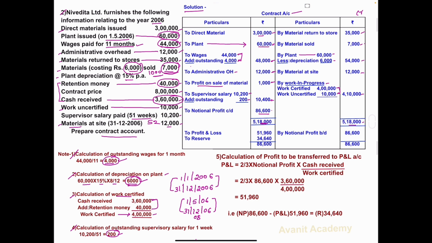Got it? From 5,18,000 you have to minus all these figures, and the balance you will get is the difference amount, that is 86,600. That is called notional profit carried down.